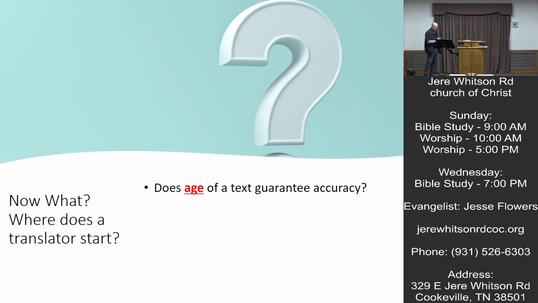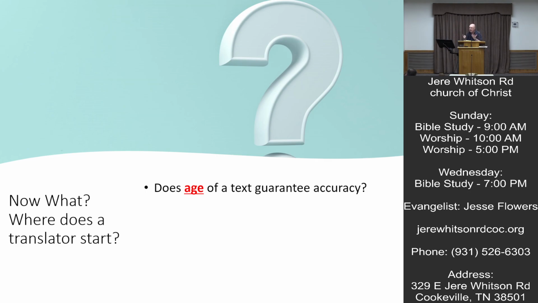But the problem is, if I'm far removed, how many copies have been made in between? Every time you introduce a handwritten copy, you now introduce another human into the system, which is the possibility for error. So now we got to go back and remember all those things that the scribes did to try to keep that from happening.